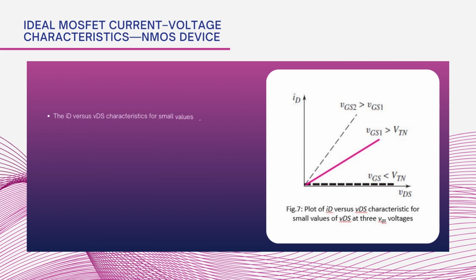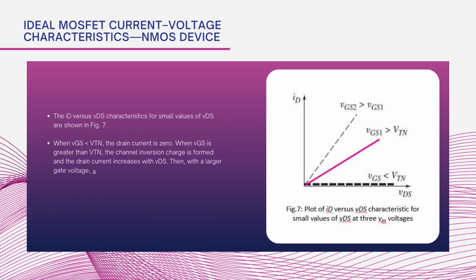The drain current ID versus drain voltage characteristics for small values of VDS are shown in figure 7. When the gate voltage is less than the threshold voltage, the drain current is 0. When VGS is greater than the threshold voltage, the channel inversion charge is formed and the drain current increases with VDS.